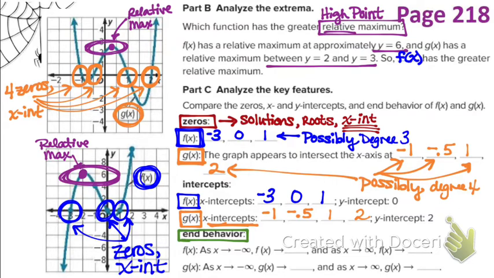They wrote part of the sentence out for us. Which end are they talking about first? They're talking about the left first. This right here means left. What did you tell me on this graph the left side was doing? Going down. Negative infinity is how I say down.